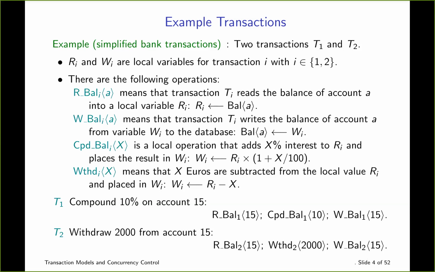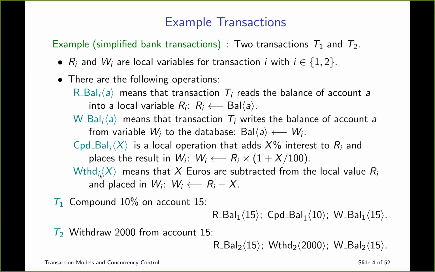Then we have the writing out of the balance of A, which takes whatever's in the local variable W sub i and writes it out to the balance. Then we have the notion of compounding the balance, where we put a certain percentage increase in the balance, and then we have the idea of withdrawing the balance.